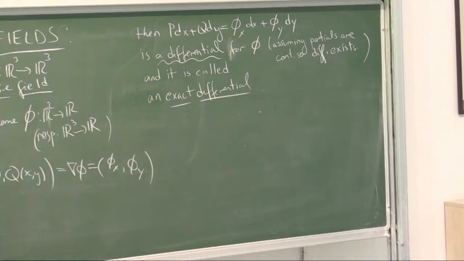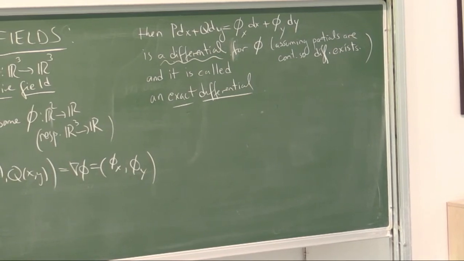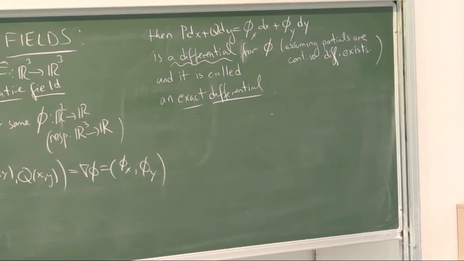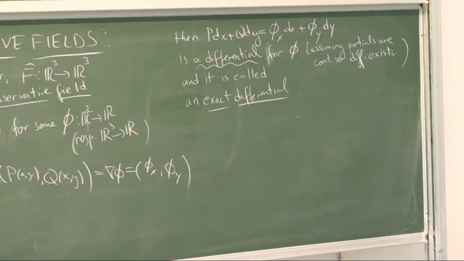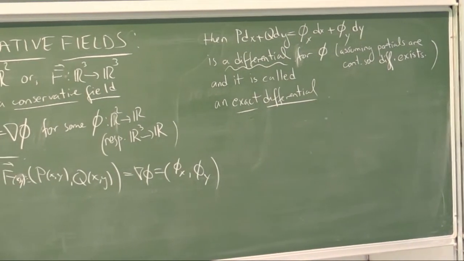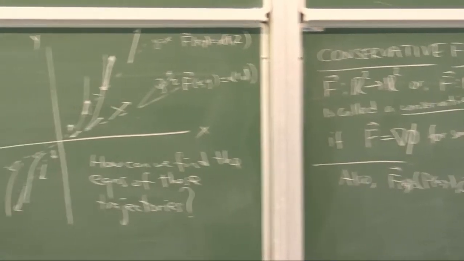Well, what happens if we have an exact differential? We have various things here. Why is it called a conservative field in the first place? To explain these things, let us consider a few remarks.